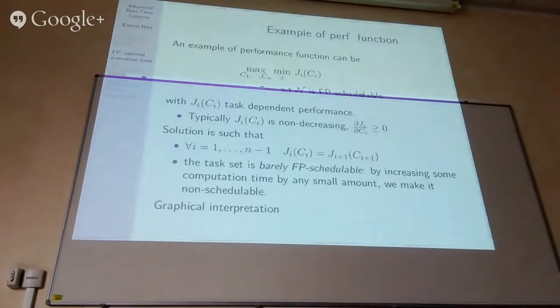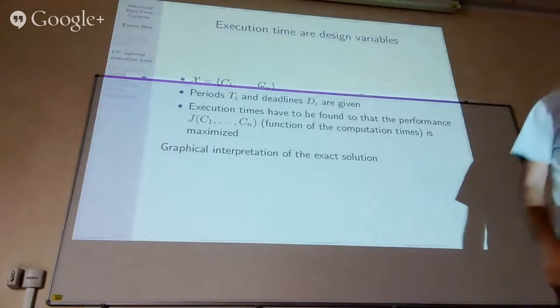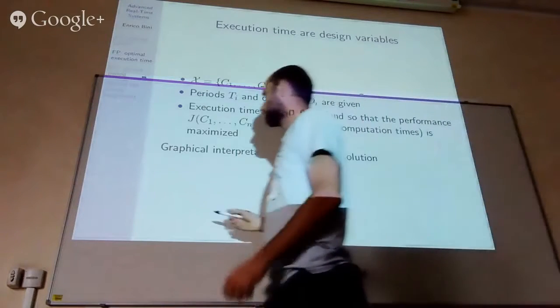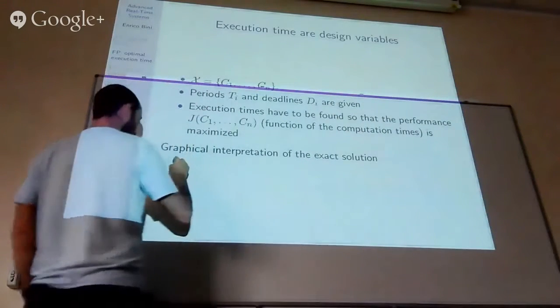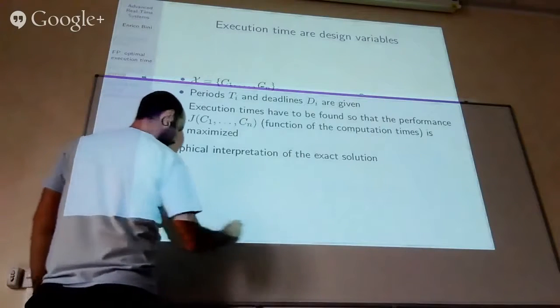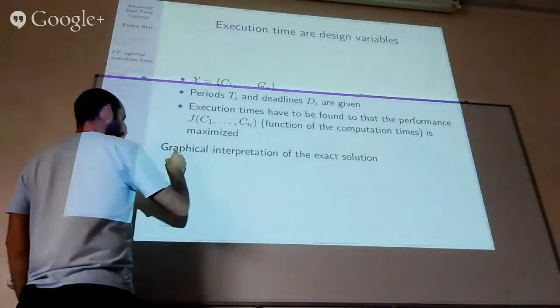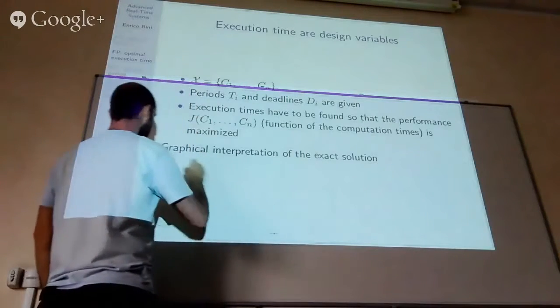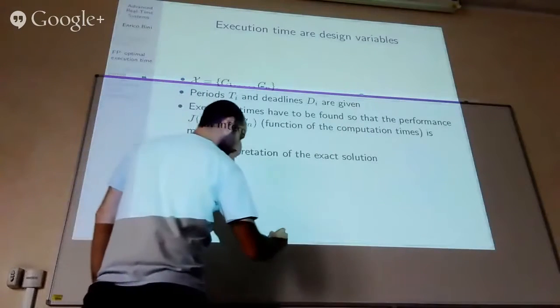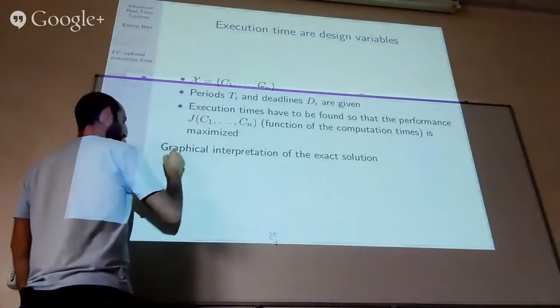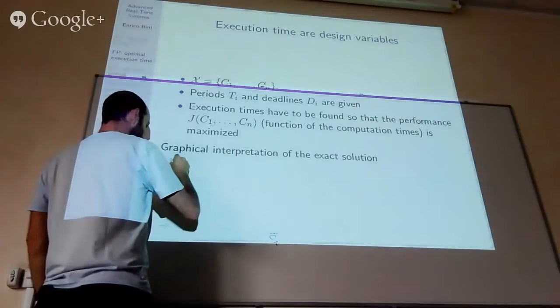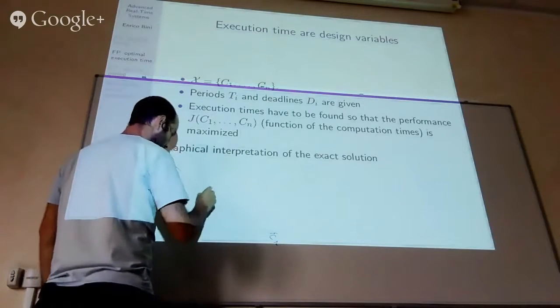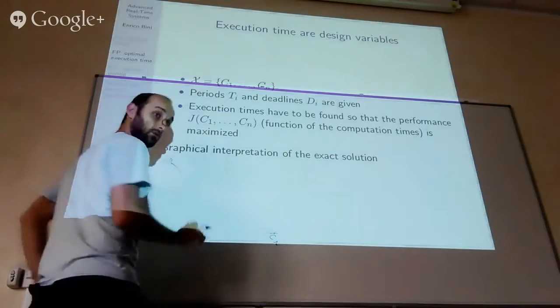For example, I think we showed maybe last class or the first class that in fixed priority, the feasible region of computation times, we know it, in C1 and C2.